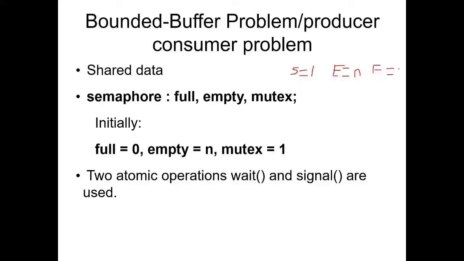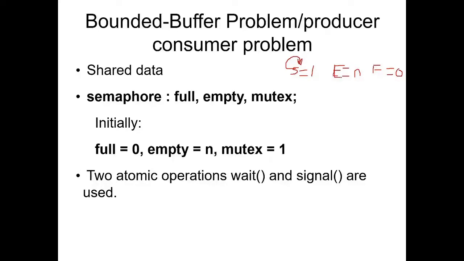So these are the three main variables. Why do we use the semaphore mutex? It is used to check the mutual exclusion condition. If the producer is in the critical section, the consumer must not be allowed to enter the critical section. If the consumer is in the critical section, the producer should not be allowed to enter the critical section. That care will be taken by the semaphore.